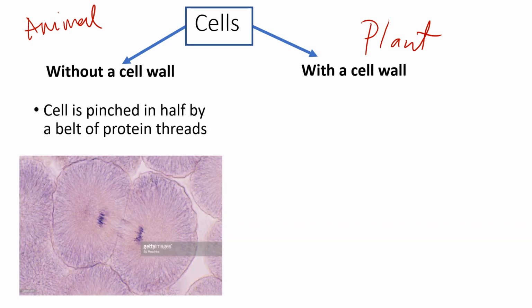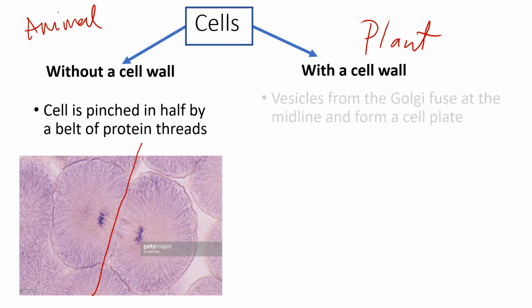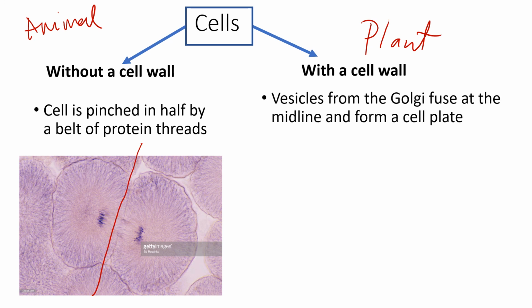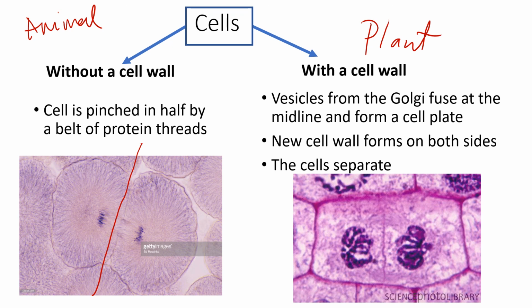So without a cell wall, cells are pinched in half by a belt of protein threads. You can see it kind of does like whoop. With a cell wall, however, vesicles from the Golgi apparatus fuse at the midline and form a cell plate. A new cell wall forms on both sides, and then the cells separate. See how it's a little bit different? You can see the cell membrane here. However, here you can actually see an actual cell wall, and boom.